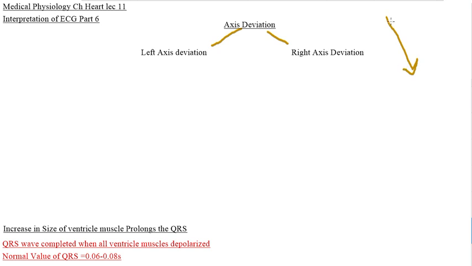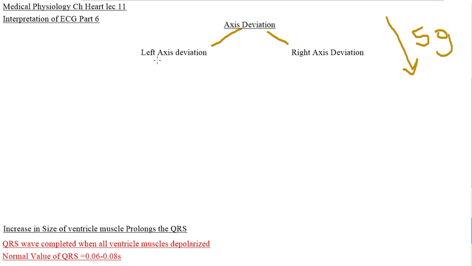It may be deviated towards the left, like this, which is the left axis deviation, or it may be deviated in this direction depending on the condition of different types of abnormalities. In right axis deviation, it deviates towards the right side and it may result in deviation like this and like this. So there are two types of axis deviation, left and right, whereas the normal angle of our QRS vector is 58 to 59 degrees.